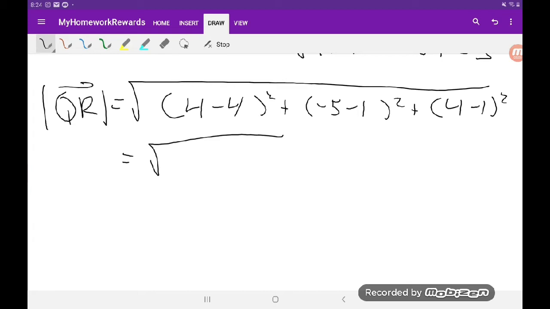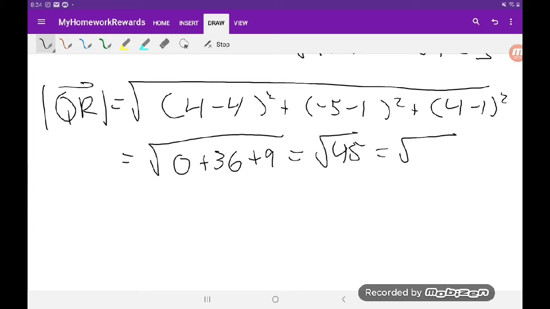So this gives us a square root of 0, 36, and 9, which equals the square root of 45. So to simplify this, we think of splitting up that 45 into a multiplication that includes a perfect square number. So we can say 9 times 5.